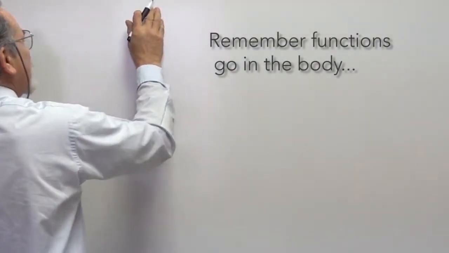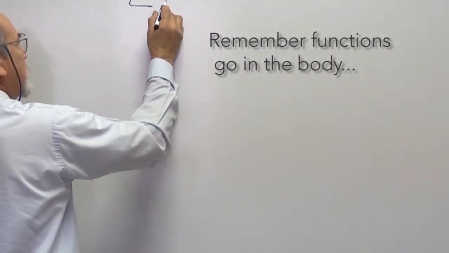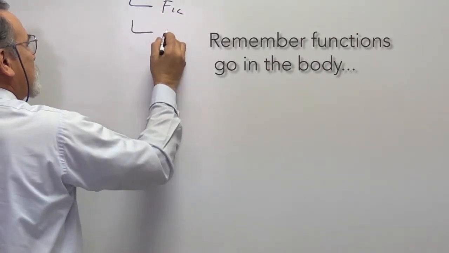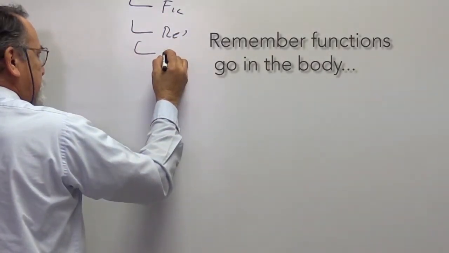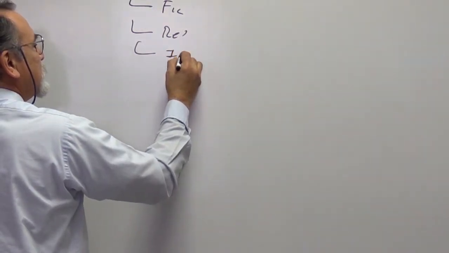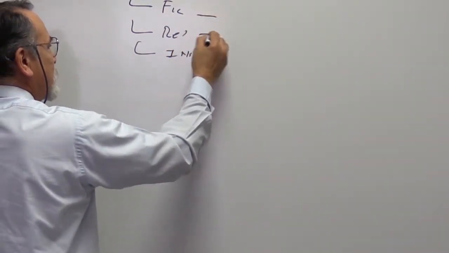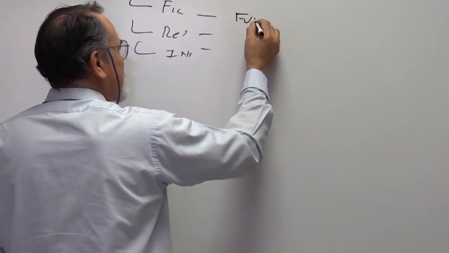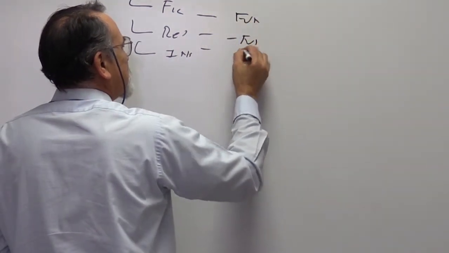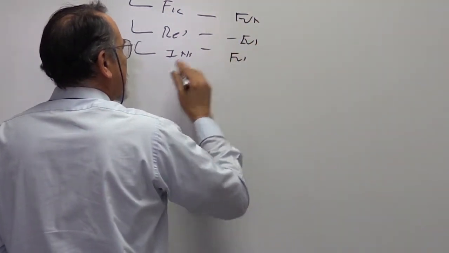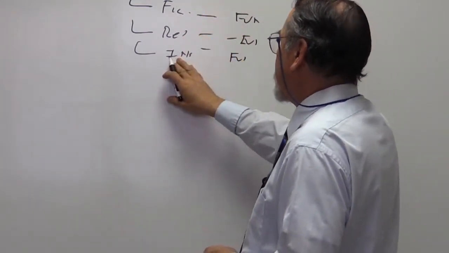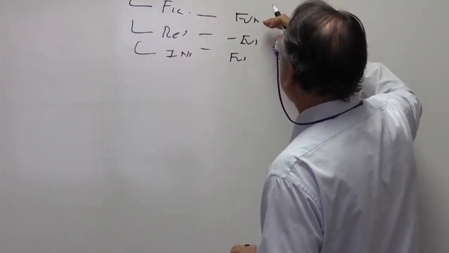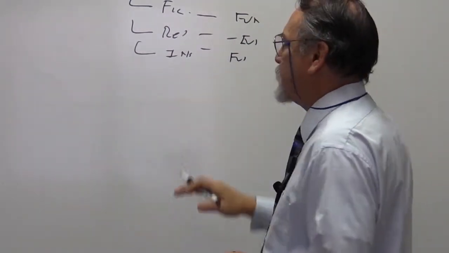So, in here you would say, I'm going to use a program for FICA, I'm going to use one for retirement, I'm going to use one for insurance. Okay, and each of these is going to have a function with it. So you're going to have like FICA, retirement, insurance, and you're going to have the function on each one.